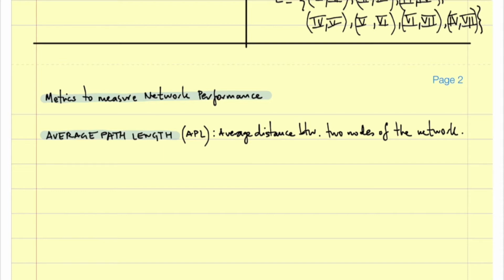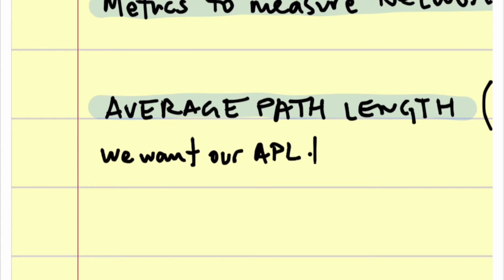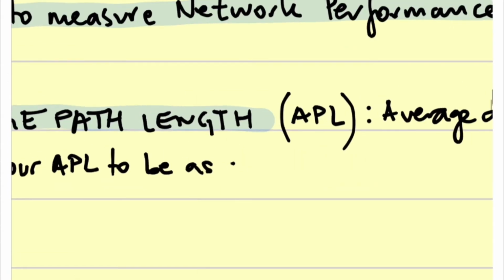Nobody? Okay. We want our average path length to be as small as possible.